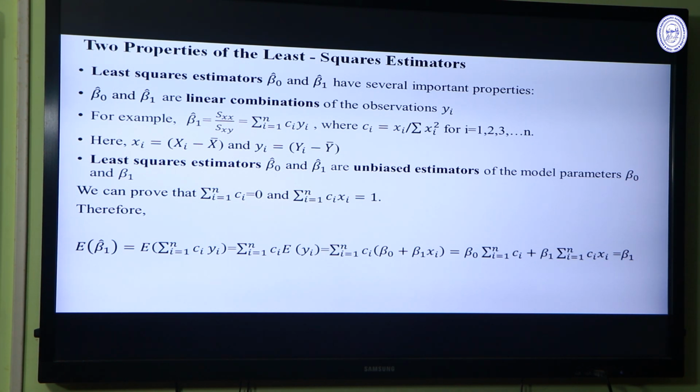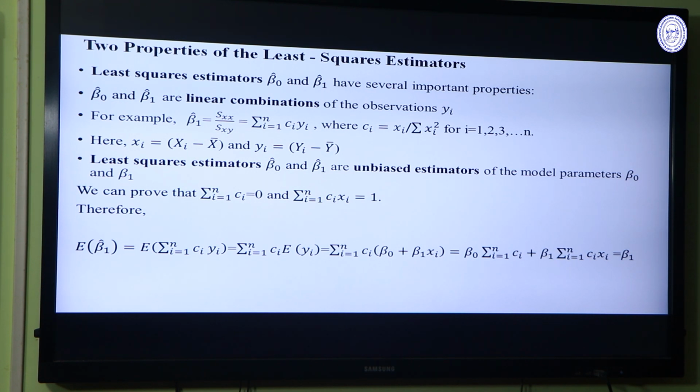Now, for yi we can put the value beta 0 plus beta 1 xi. If we break it up, then we get beta 0 into summation i equal to 1 to n Ci plus beta 1 into summation i equal to 1 to n Ci xi. Now, summation Ci, what will that be?